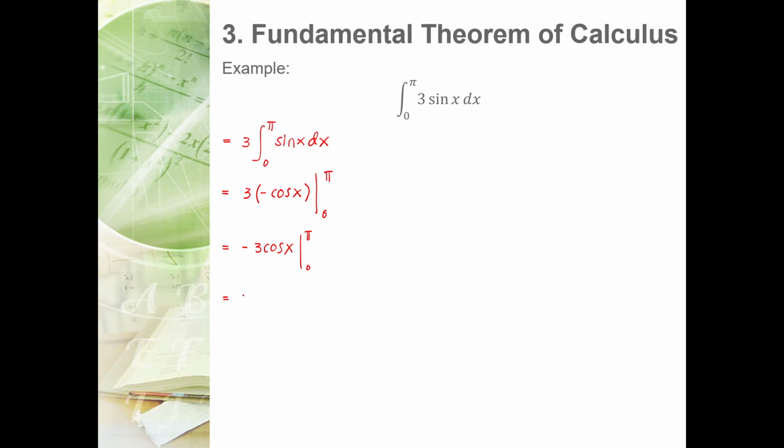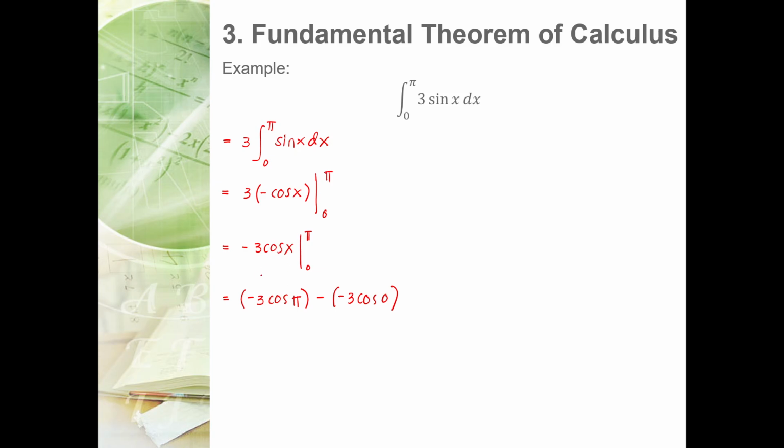So applying the limits of integration, upper limit first, so 3 cosine pi, then minus, then negative 3 cosine 0. So if you don't have knowledge in your quadrantal angle, that will be a problem.